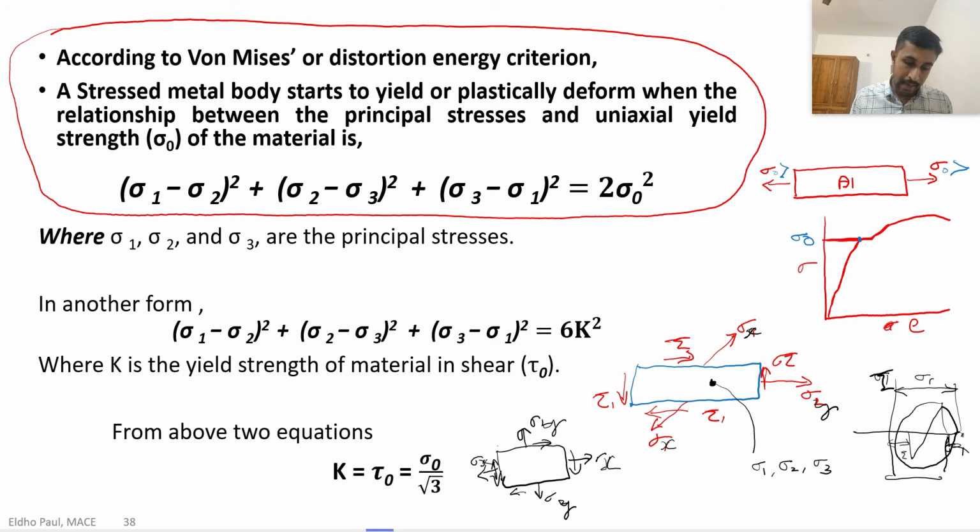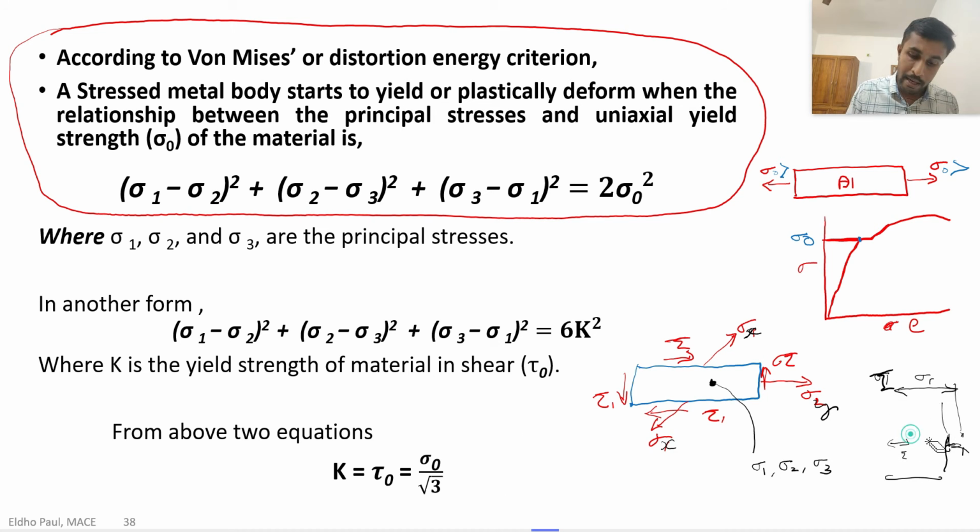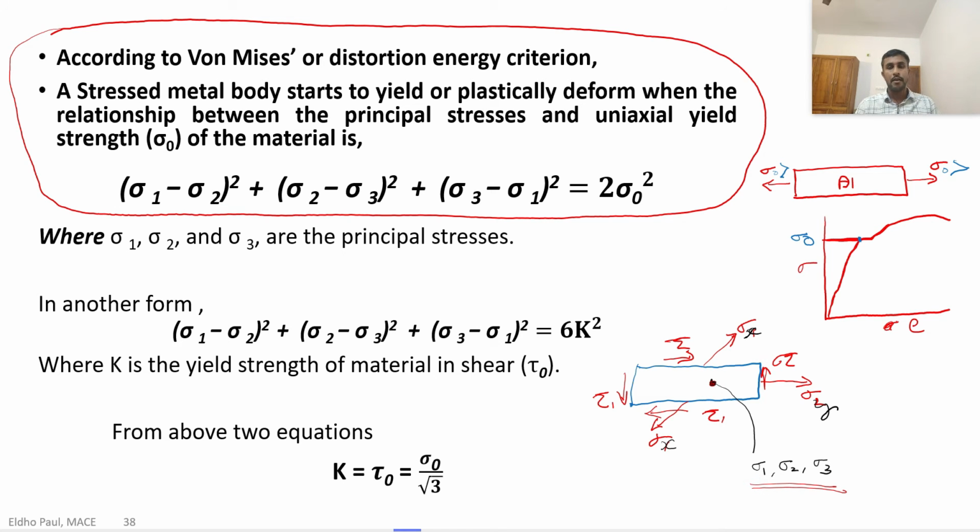Similarly here, this aluminum body is subjected to a complex state of stress, and at this point the principal stress values we can calculate: sigma 1, sigma 2, sigma 3 are the principal stresses in this complex state.